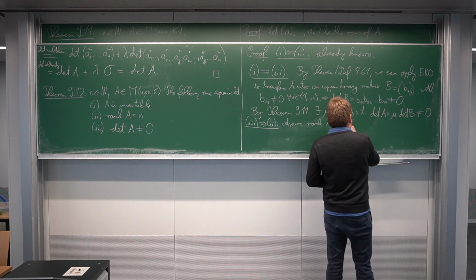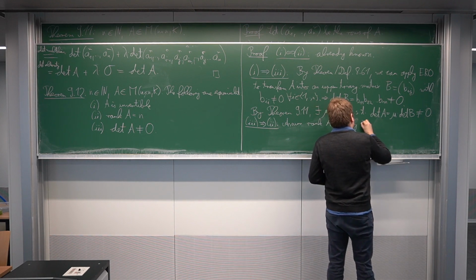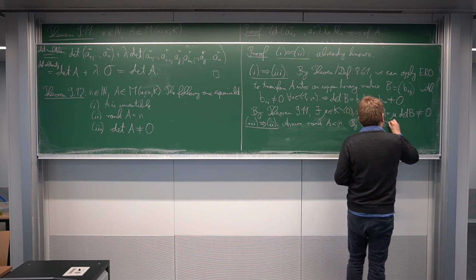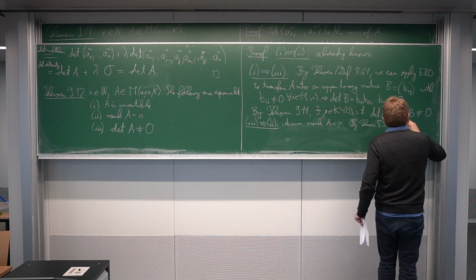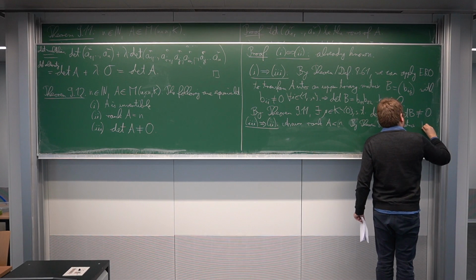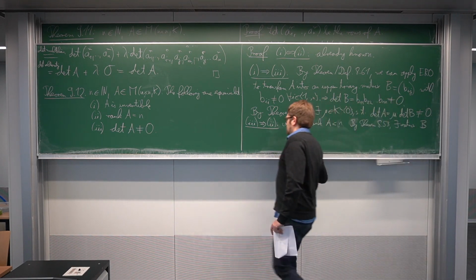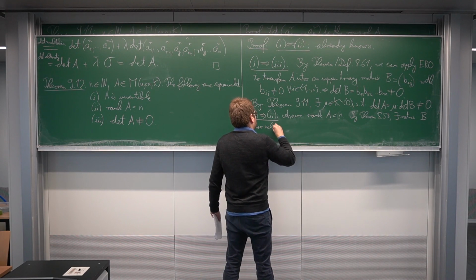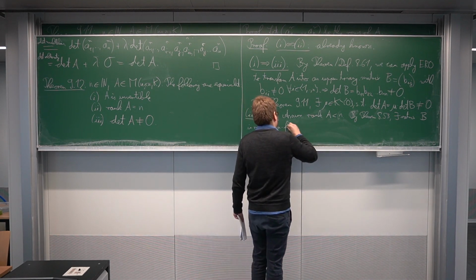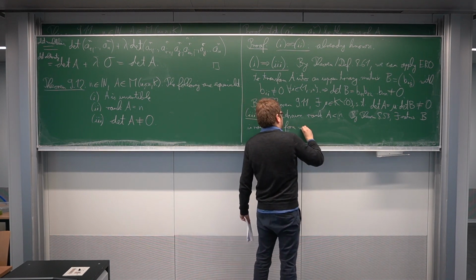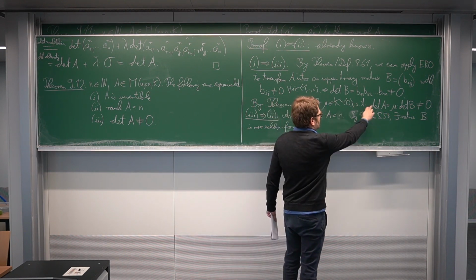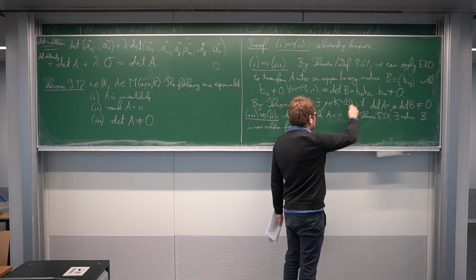So by Theorem 8.53, we can bring it into row echelon form. There exists a matrix B in row echelon form. I'm using this principle here again.